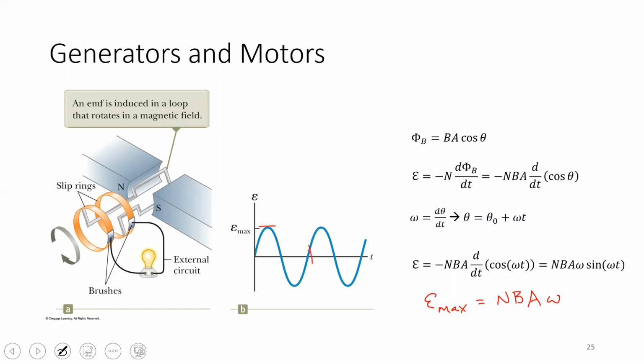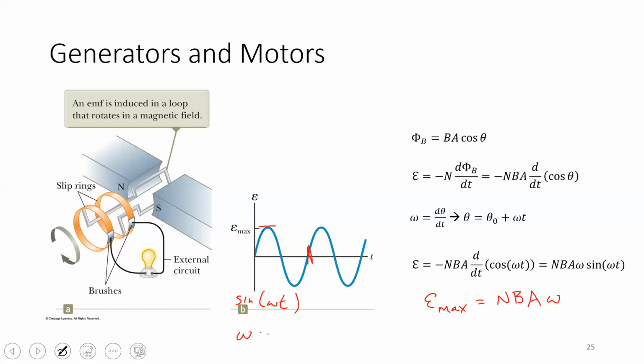I've already said this is one wavelength, so that's one time to repeat. You can figure out that the sine function repeats every 2 pi, and so you can figure out the relationship between omega and how fast our AC generator is repeating, or the frequency of our AC generator.